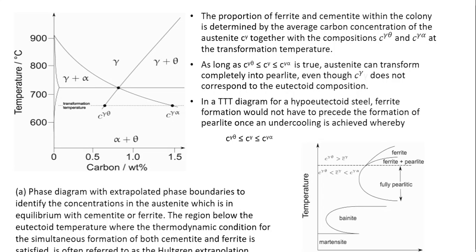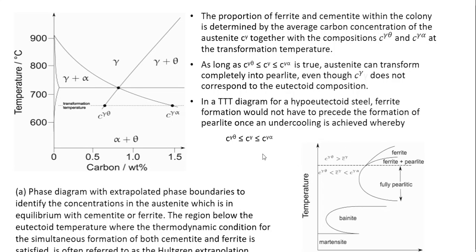So if you can undercool somehow the steel into this region, and the steel is hypoeutectoid steel containing less carbon than 0.8%, which corresponds to the eutectoid composition, and you undercool rapidly enough, then you can suppress the formation of proeutectoid ferrite, and it is possible to form 100% pearlite.